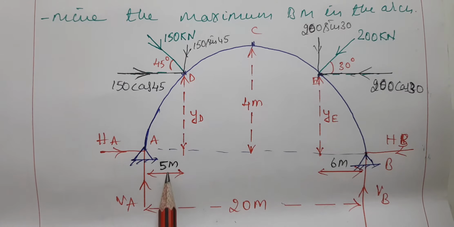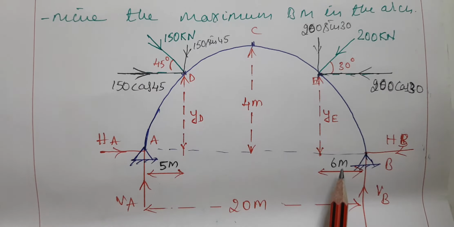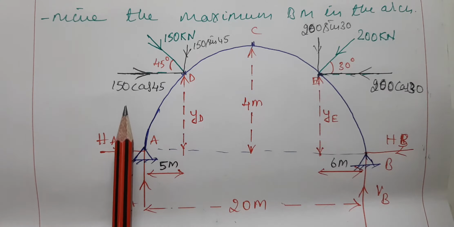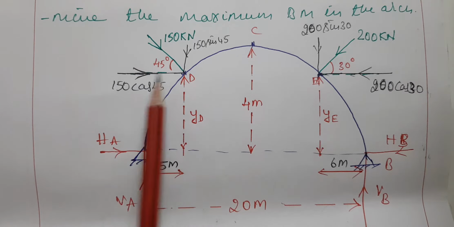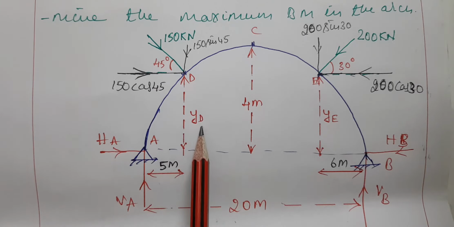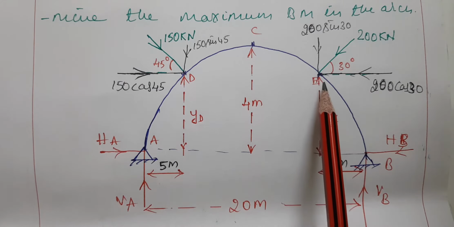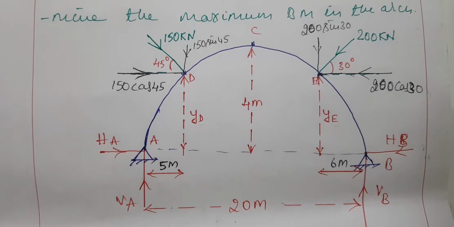Okay, 5 meters they are given for 150 sin 45. Here also 6 meters they are given as horizontal distance for 200 sin 30. But what they don't give is the vertical distance for 150 cos 45. So I am considering this as YD because we know the rise equation. Similarly here also we are following the same. I am considering this as YE, that will be the rise equation.